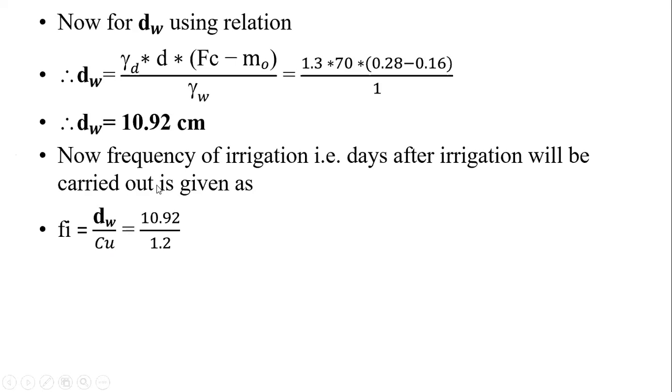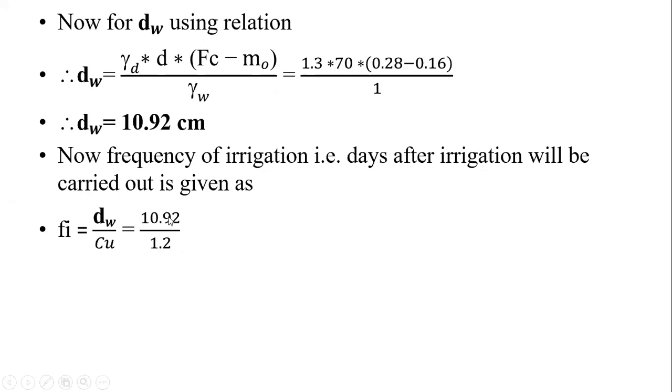Dw is the depth of water available for the crop, which has a root zone depth of 70 centimeters, is 10.92 centimeters, which you have calculated, divided by the consumptive use of 1.2. It means that out of the moisture in the soil, a depth of 10.92 centimeters of moisture is available for that crop, which has a root zone depth of 70 centimeters, isn't it?